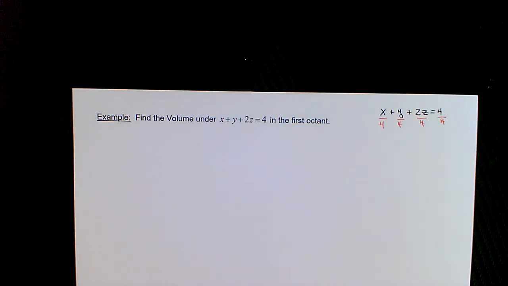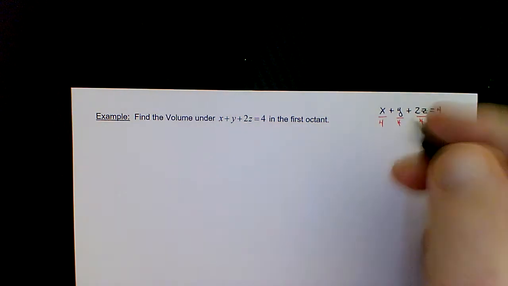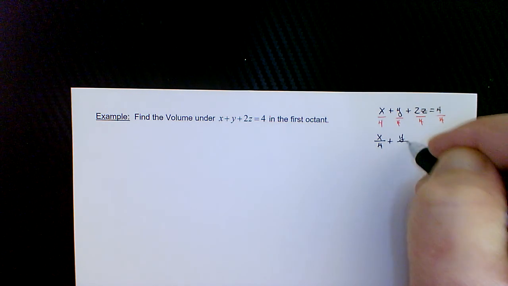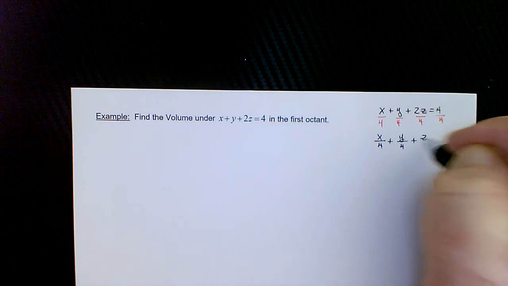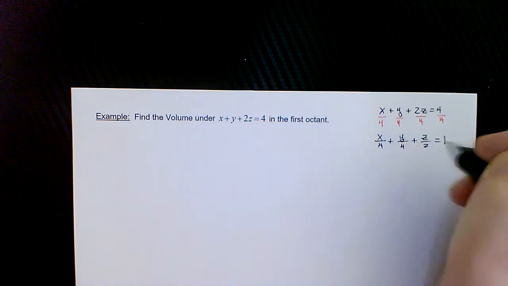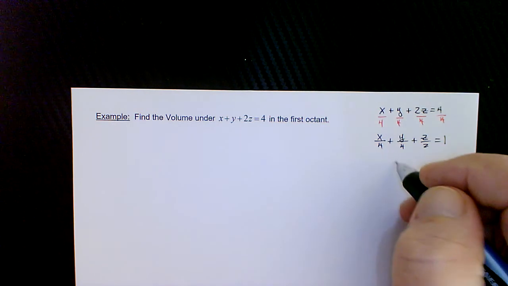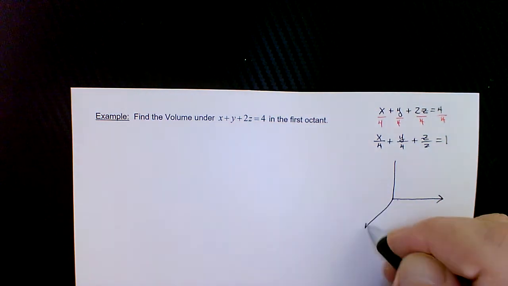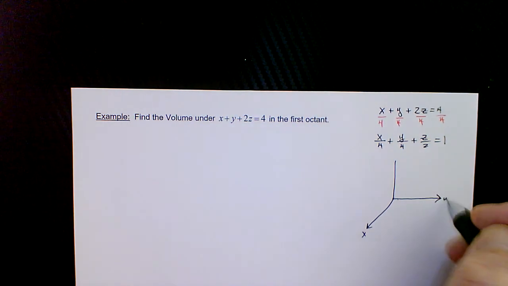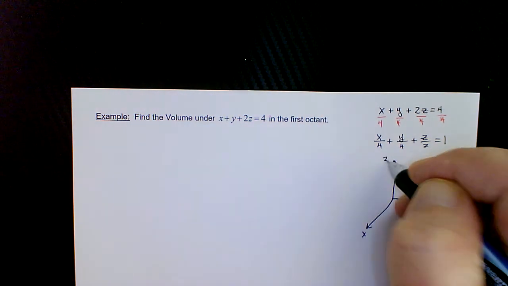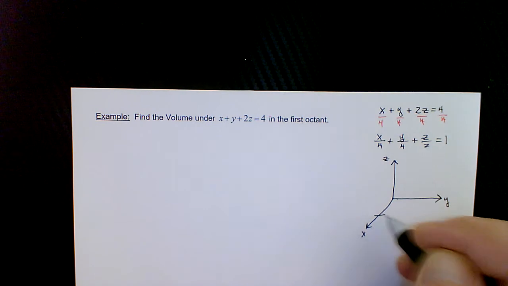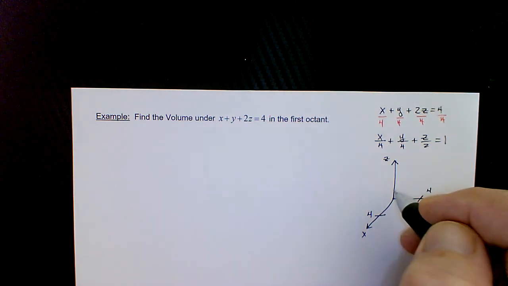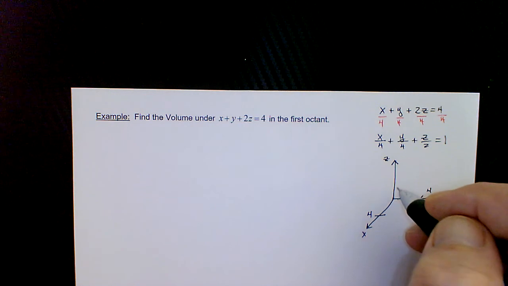Okay, so then that gives us x over 4 plus y over 4 plus z over 2 is 1. And then we can sketch what it looks like. And so our intercepts for the x are 4, for the y it's 4, and for the z it's 2.